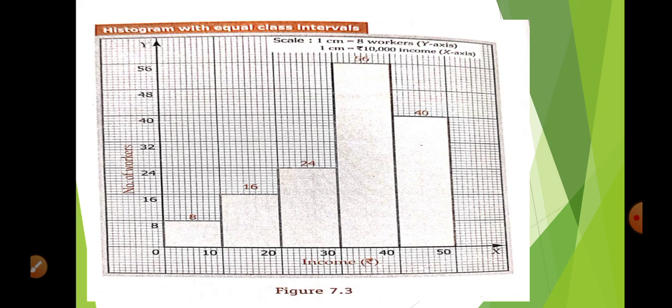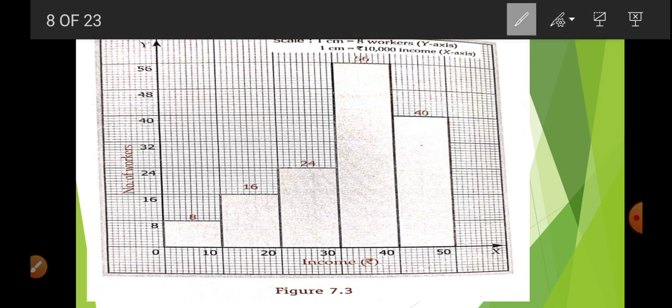Here you can see that on the OX axis we are going to represent the class interval, which has equal intervals of 10, 10, 10, 10. And here we are going to represent the frequency.